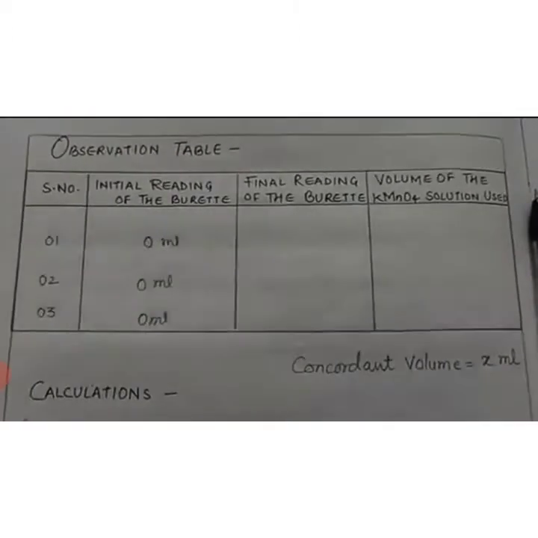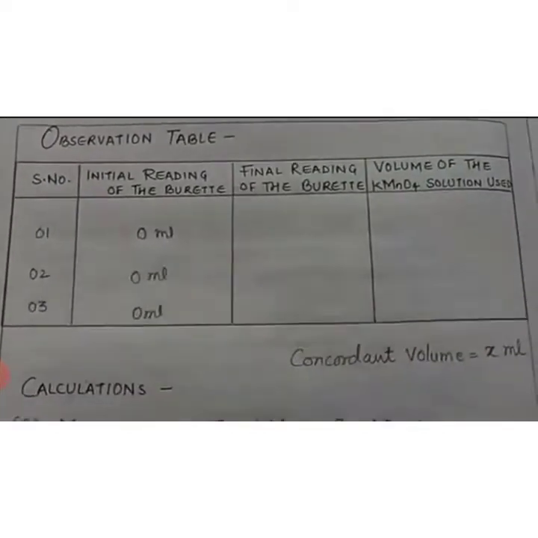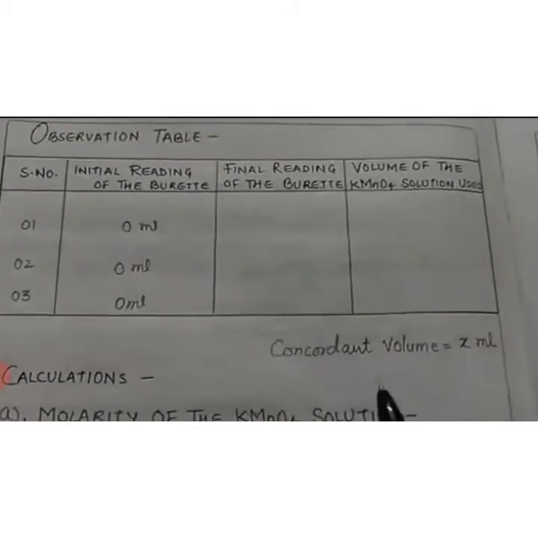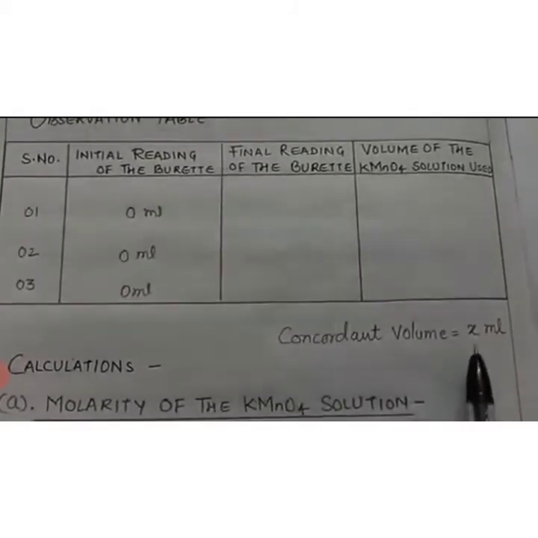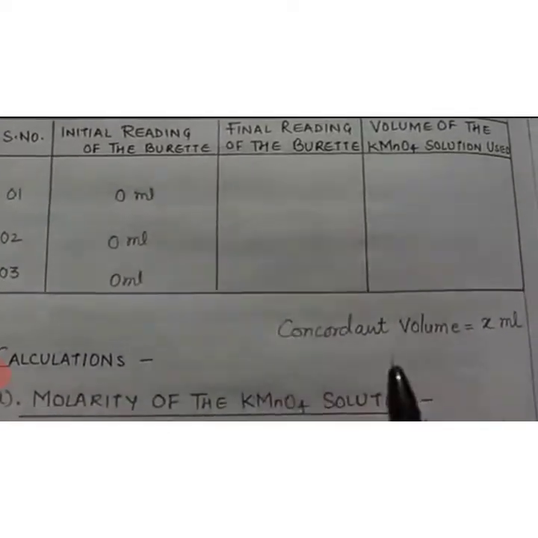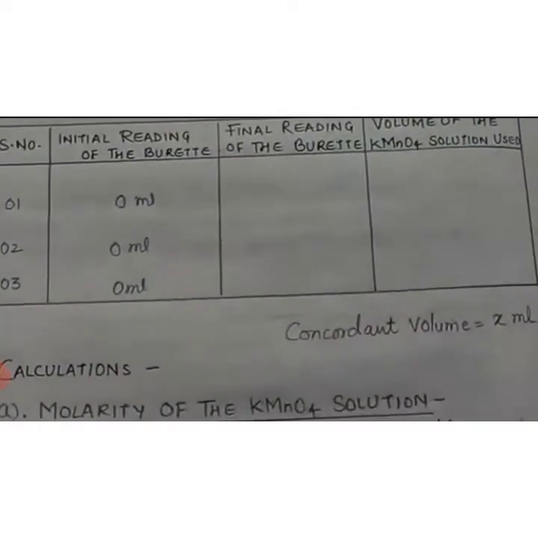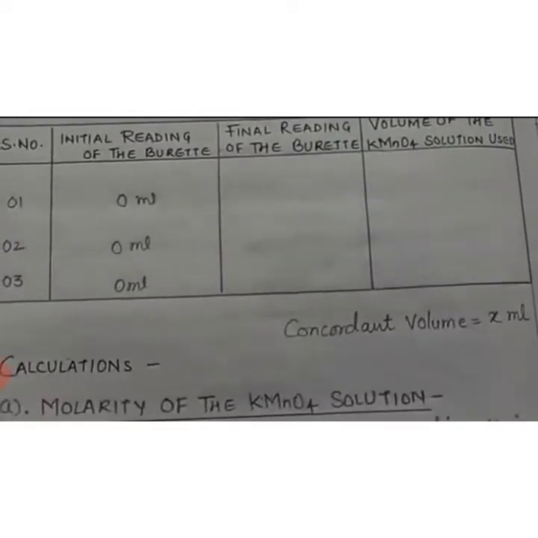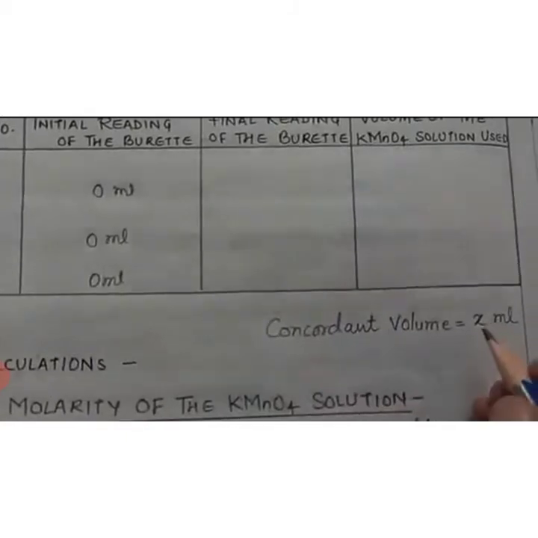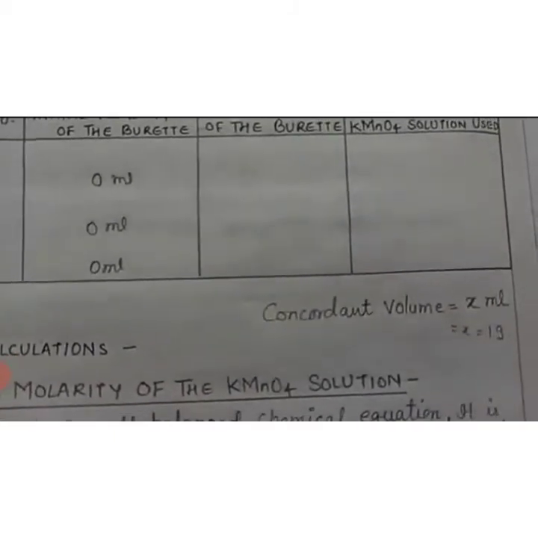When you repeat the experiment next time, suppose it is 16.4 ml. Third time also you get final reading as 16.4 ml. Then 16.4 ml becomes your concordant volume. Here let us assume it as X ml. And using this, let us do calculation of molarity and strength of KMnO4 solution.